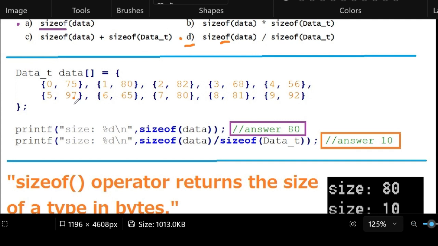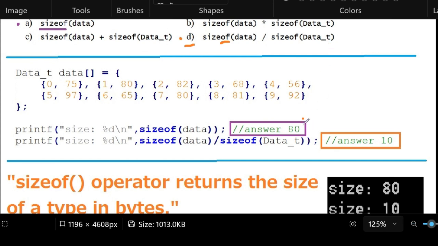And so if we add 5 plus this one, 6, 7, 8, 9, 10, there should have been only 10. Now it turns out that it's giving off 80 as the answer, which is incorrect. And so the correct answer should be 10. And it turns out that the sizeof data divided by sizeof data_t is the correct answer.